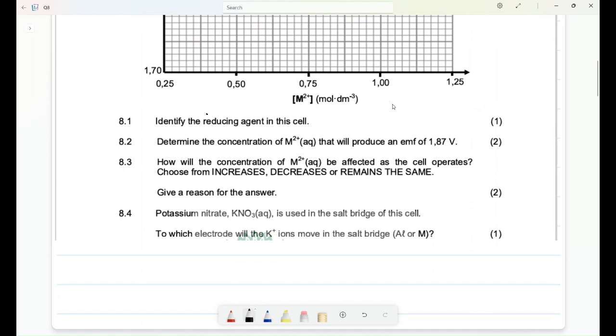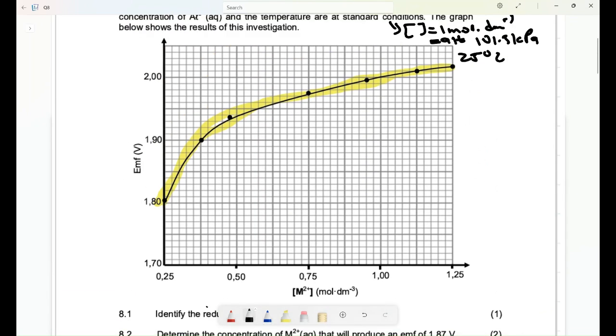So now identify the reducing agent in this cell. The reducing agent is the one that gets used up. But I want you to see something. Can you see that the EMF increases when they add this one?